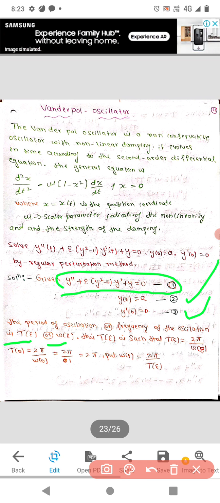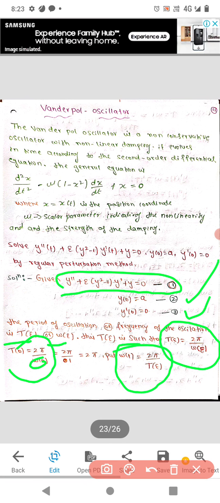T of epsilon is 2 pi by omega of epsilon. So T of 0 is 2 pi by omega of 0, and we know omega of 0 is equal to 1, so this is equal to 2 pi.